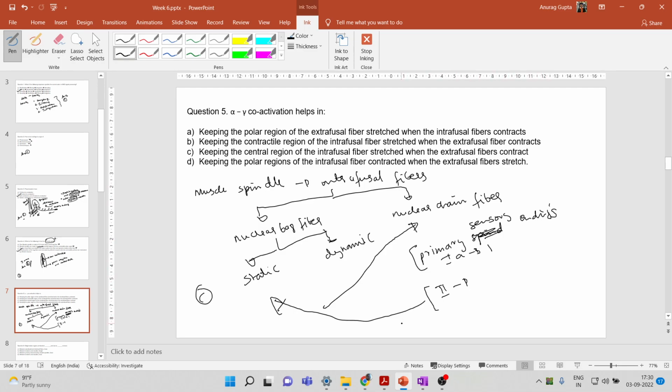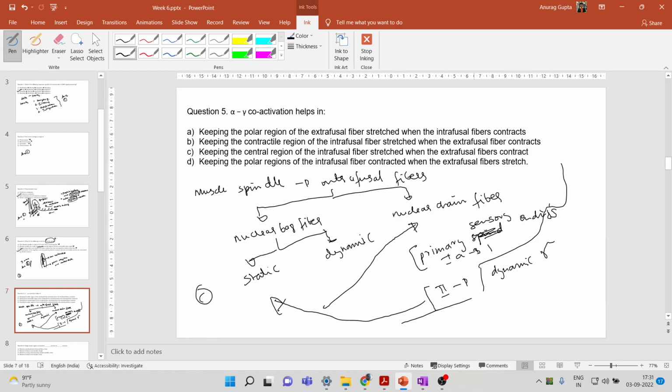Apart from this, we have gamma motor neurons, which innervate the polar regions, like we discussed before. There are two types of gamma motor neurons: dynamic gamma motor neurons, which innervate the polar regions of the dynamic nuclear bag fibers, and the static gamma motor neurons, which innervate the static as well as the nuclear chain fibers.